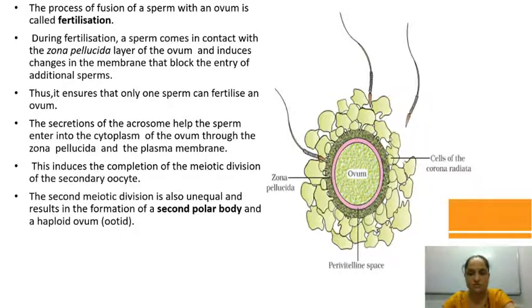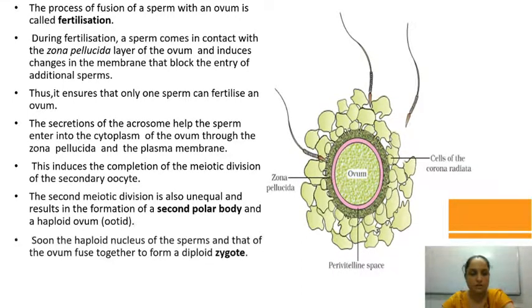Soon the haploid nucleus of the sperm, the nucleus of the sperm is haploid and the nucleus of the ovum is also haploid. These both fuse so that the resultant product is termed a zygote, and it will be diploid.